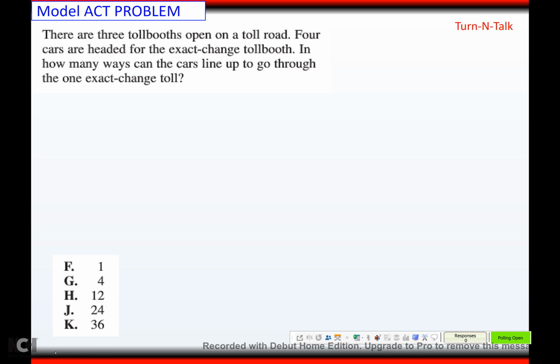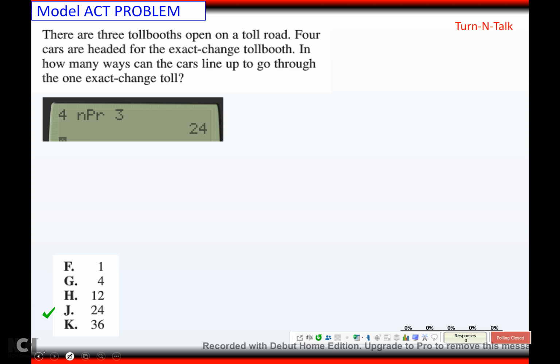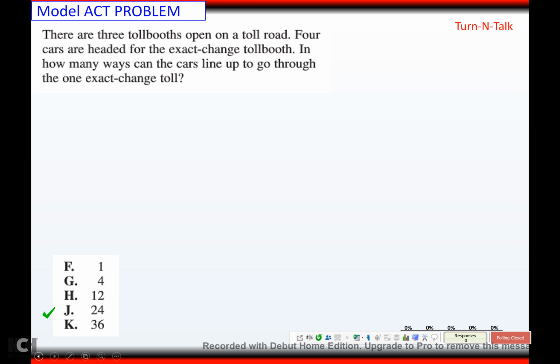Oh, sorry, do this one, hit pause, come back when you're ready. All right, there are 3 toll booths open on a toll road. 4 cars are headed for the exact change toll booth. In how many ways can the cars line up to go through the one exact change toll?